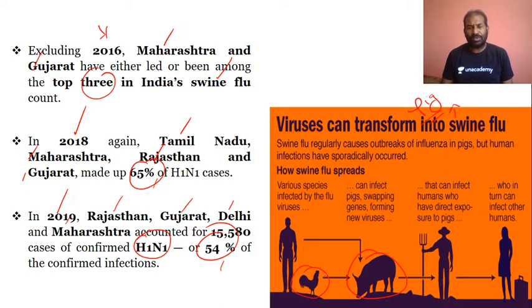First it can get to the poultry, that is the hens, and then to the persons associated with them. It can infect a person who has direct exposure to pigs, who works in the rearing of pigs, and from that person it can infect other human beings also. So this is influenza from pigs, but human infections have occurred sporadically. That is how the swine flu cases link with COVID-19.